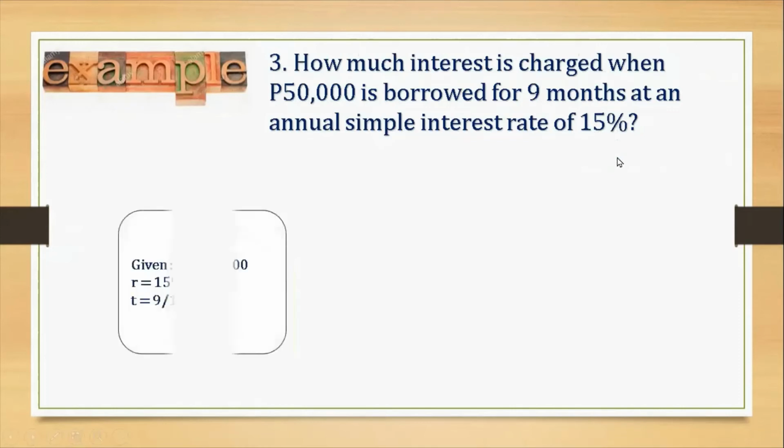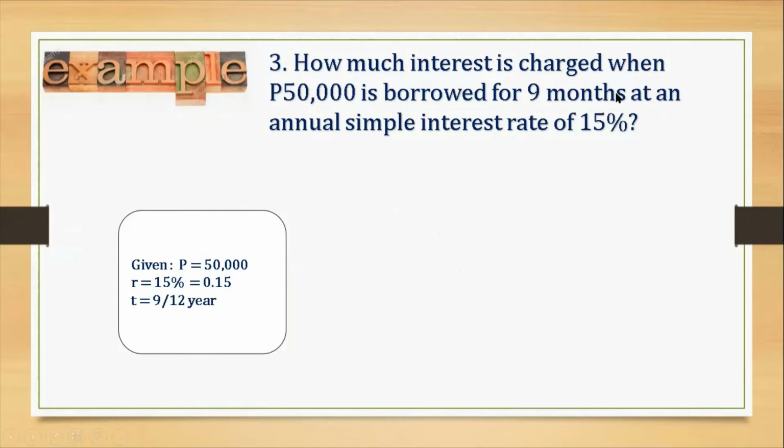So for our given, we have principal, which is equal to 50,000, rate, which is 15% or equal to 0.15, and time, which is 9/12 year. If you are wondering why I wrote 9/12 year, it's because you have it here, 9 months.